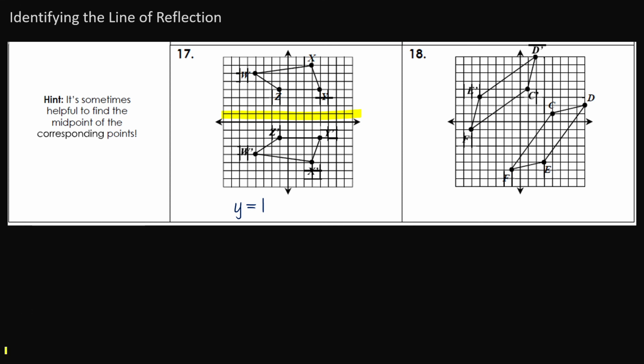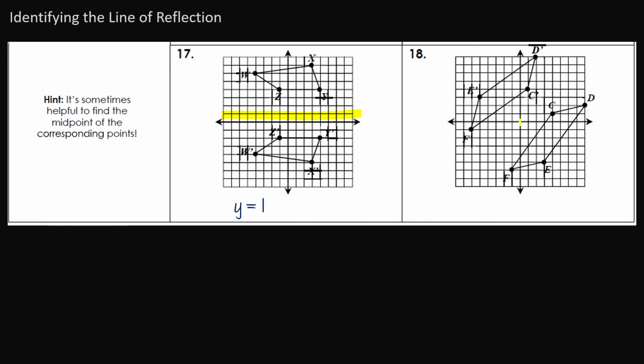With my next line, this one's going to be a little bit trickier, but I know it's going to be a diagonal line. I can't really reflect these quadrilaterals across a horizontal or vertical line and get them to look the way they do. I'm starting to see that it's a diagonal line.